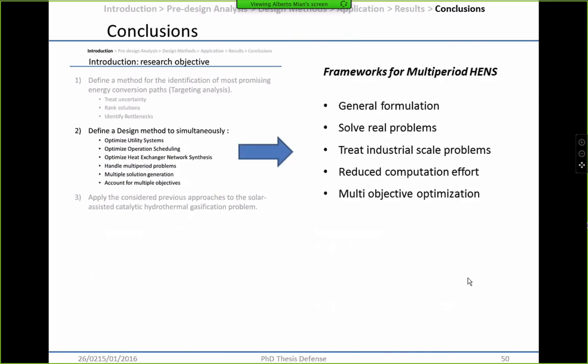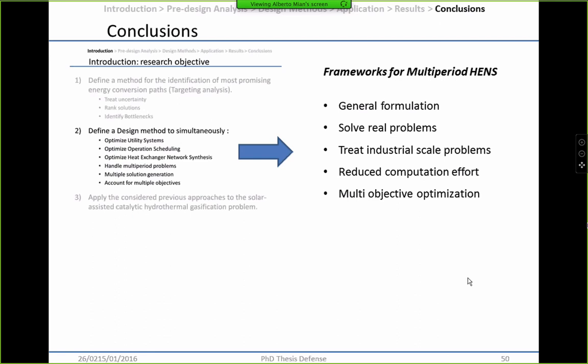In order to answer the second research question, I developed this framework. It's a general formulation, so it can be applied to any industrial plant design that can be represented in quasi-steady state operation.